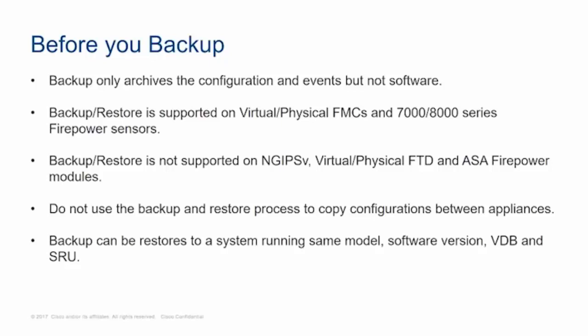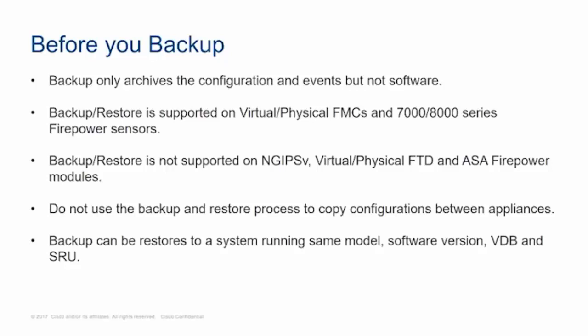Instead, you can use policy import export, where you can export the required policies and then import them to a different device. Again, we need the software to be the same, but you will be able to export and import on different devices. We'll be looking at policy import and export in detail further in the session.